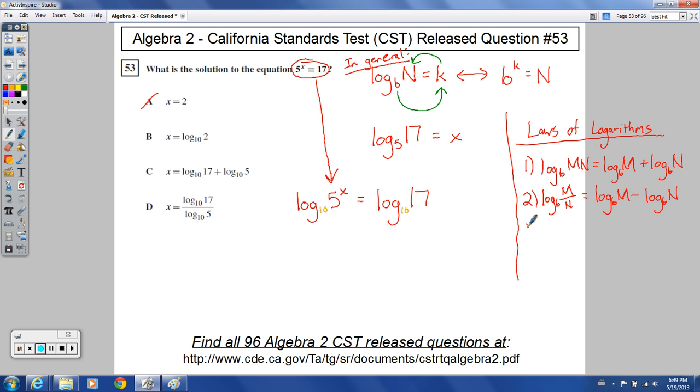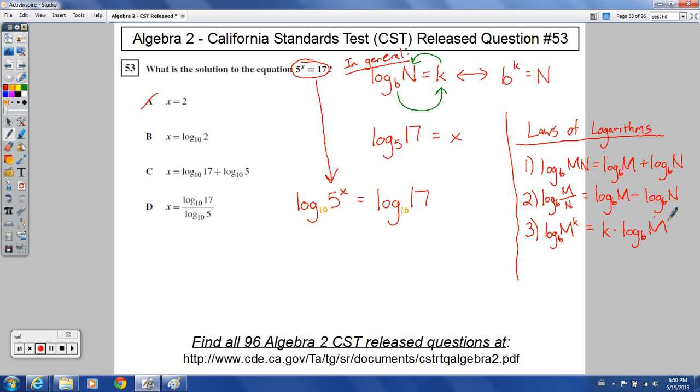And then finally, the one which is going to be actually helpful here: if you have log base b of some number, we'll call it m, to some value k, this is equivalent to k times log base b of m. And I see that applying right here. I can write x out front using law number 3.